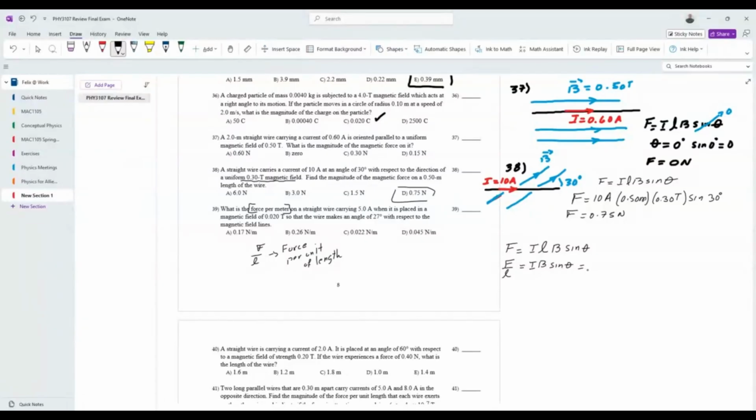So we have the current here, which is 5 amperes. We have the intensity of the field, that is 0.020 Tesla. And we have the angle, that is 27 degrees. So F over L would be, when we calculate that, in this case, 0.045 newtons per meter.